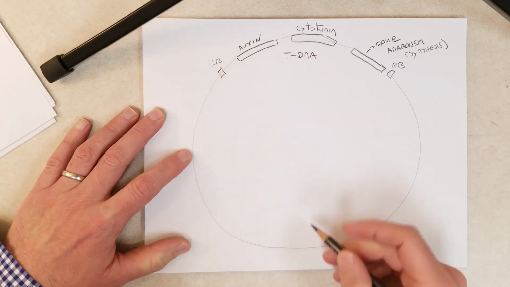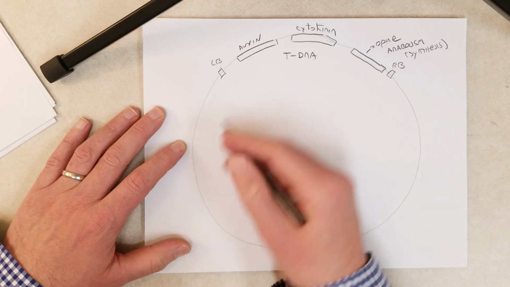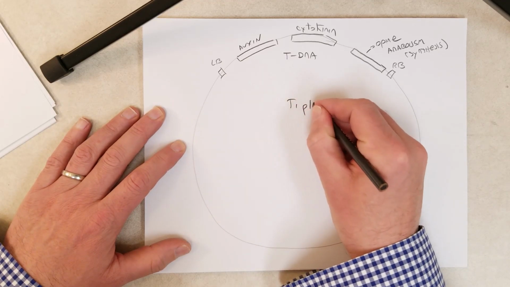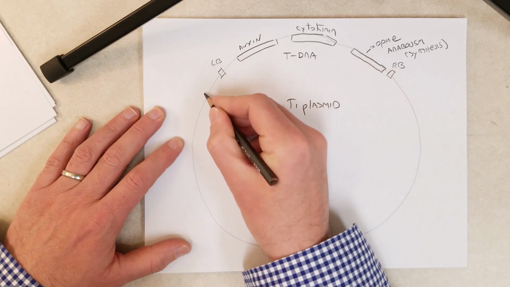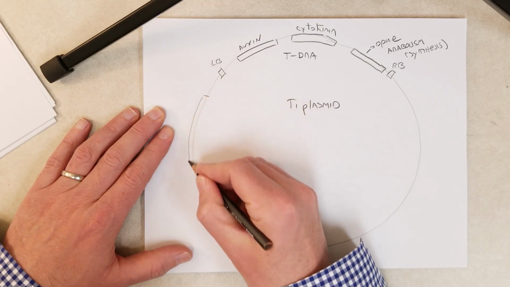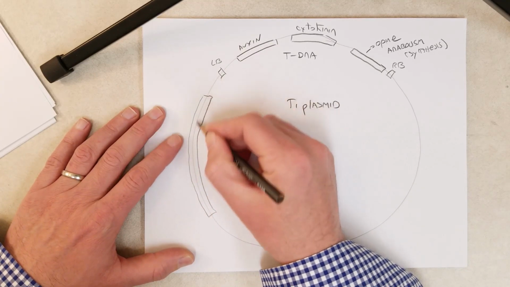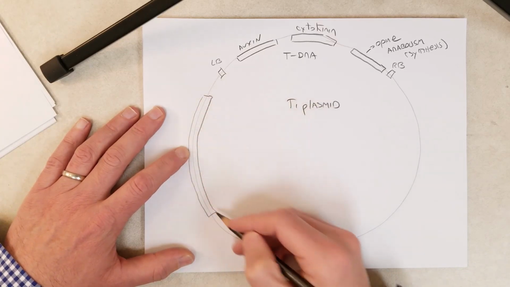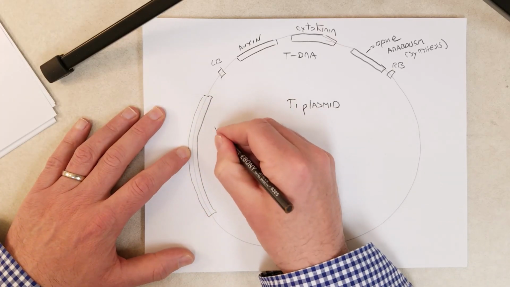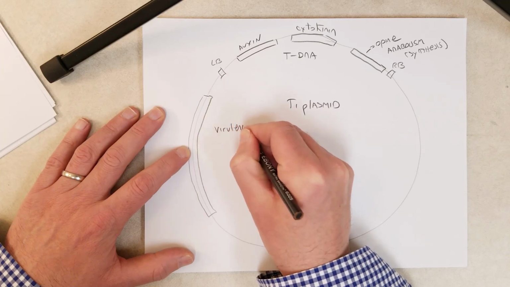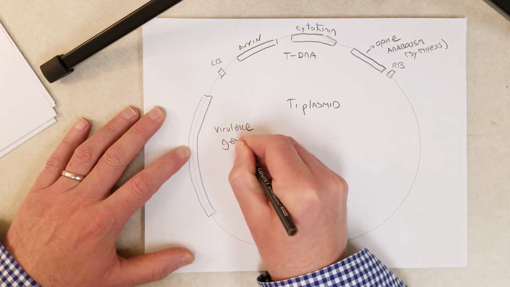Now over here on, let's say, this side of the Ti plasmid, we're going to have a set of genes in this region here. This isn't one long gene. This is a set of genes, so many genes in here, that are the virulence genes.